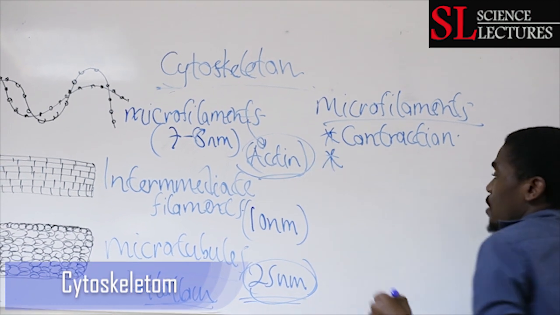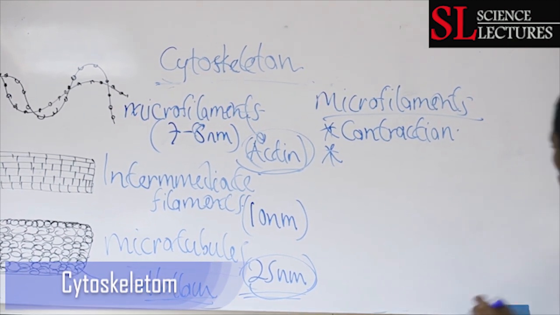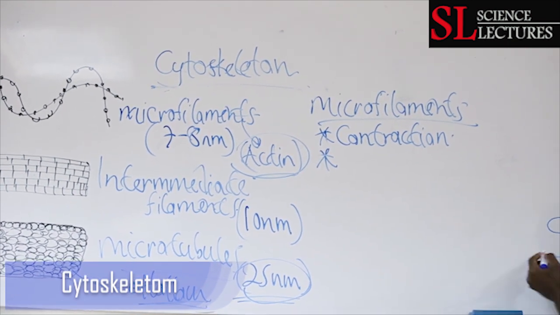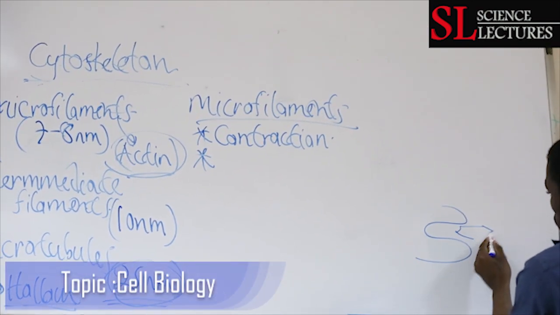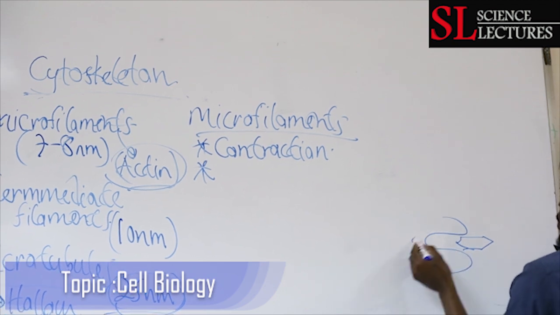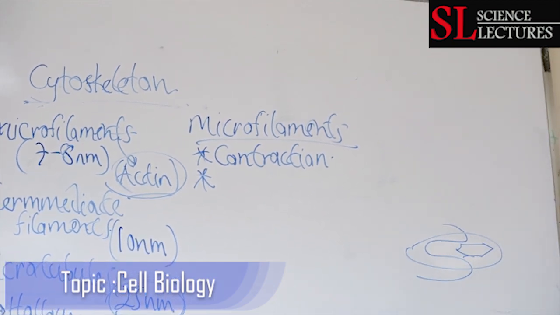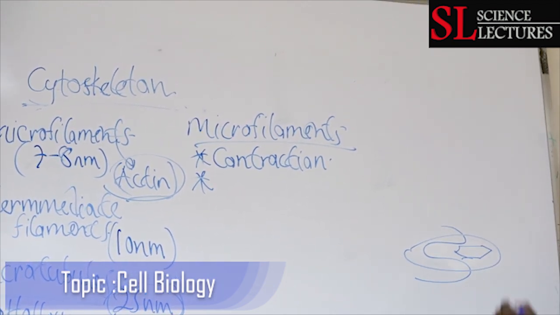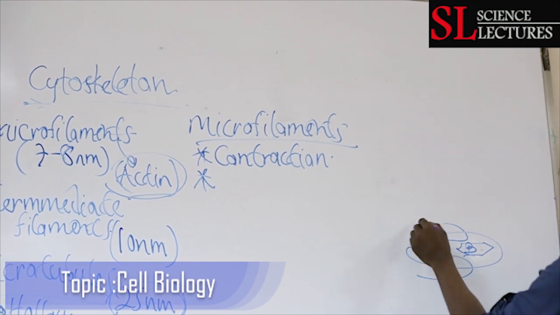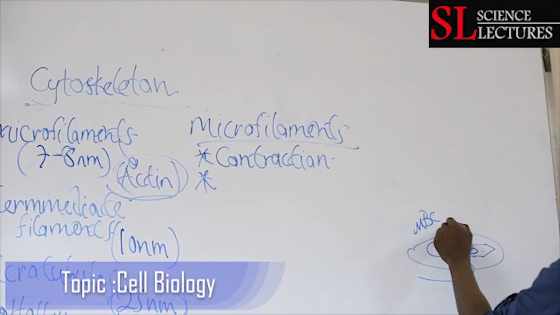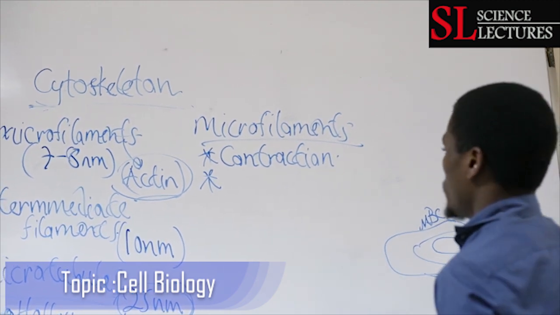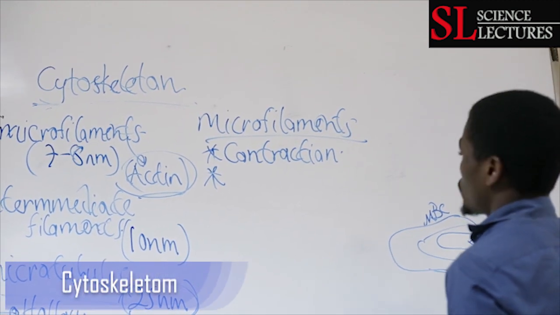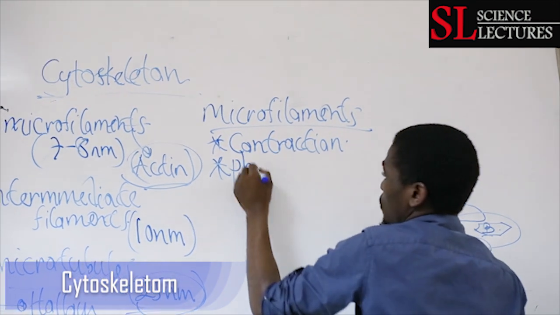Now, what else can we use them for? Imagine we have a white blood cell coming across a bacterial cell, and it has to engulf this bacterial cell. It will need to use the microfilaments for engulfing, and this is what we call phagocytosis.